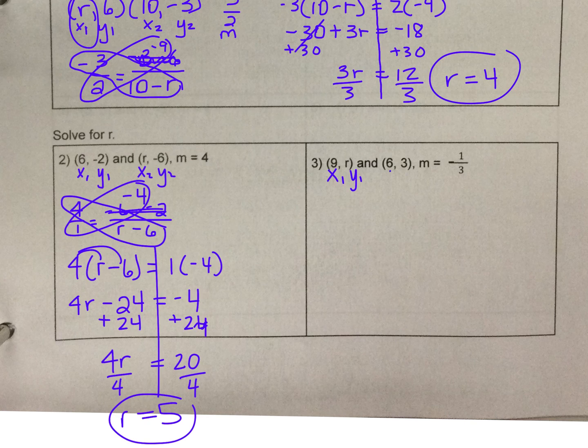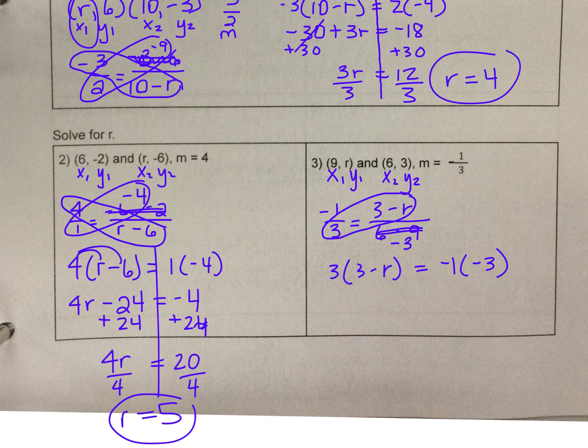x1, y1, x2, y2, and that's my m. -1 over 3 equals 3 minus r over 6 minus 9. The r's moved again, but that's okay. 6 minus 9 is a -3. 3 times 3 minus r equals -1 times -3. 9 minus 3r equals 3.